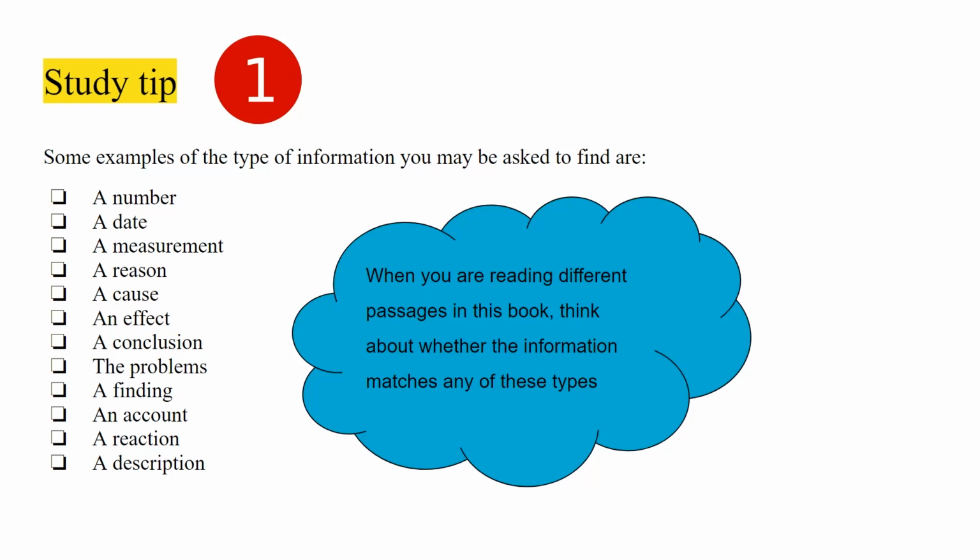Okay, so when we are going through different passages in the question booklet, we have to think about whether the information matches any of these types. That is the first thing. We should identify the proper type of information, what the question is, and what we are about to do with this question.